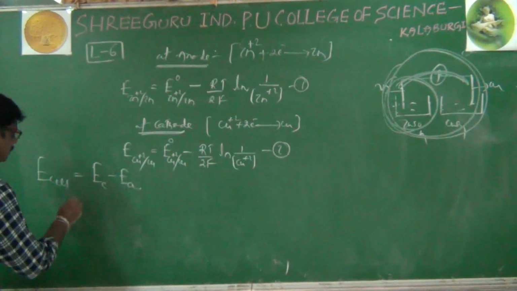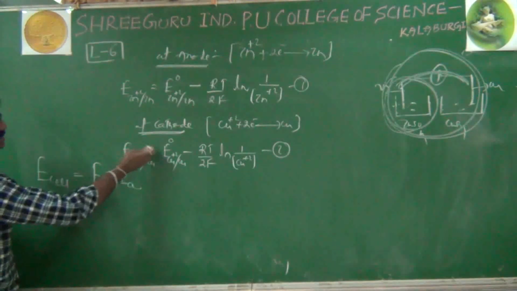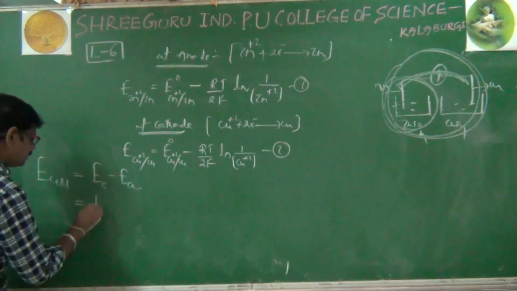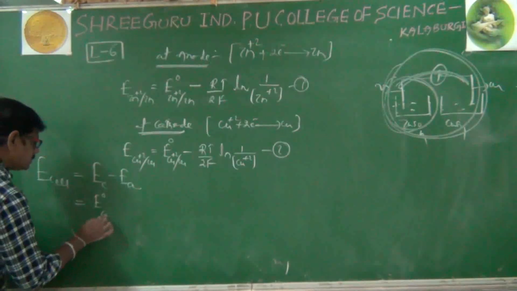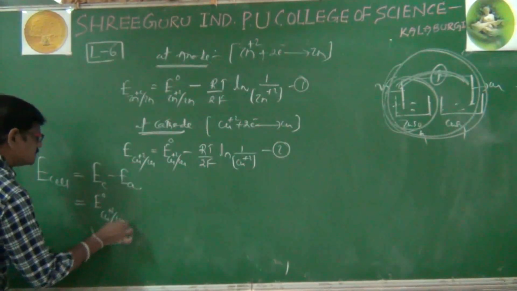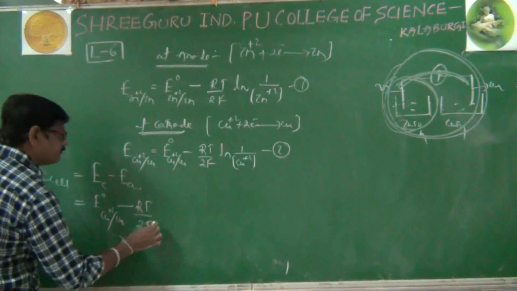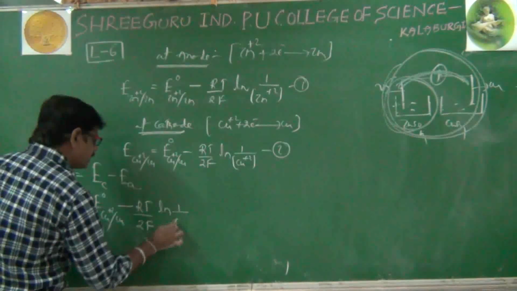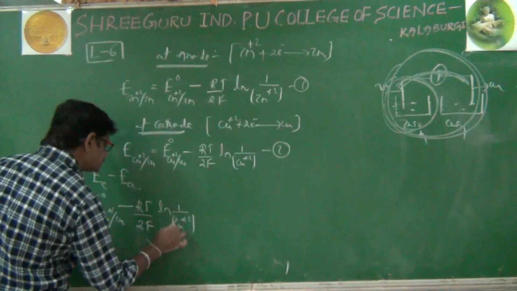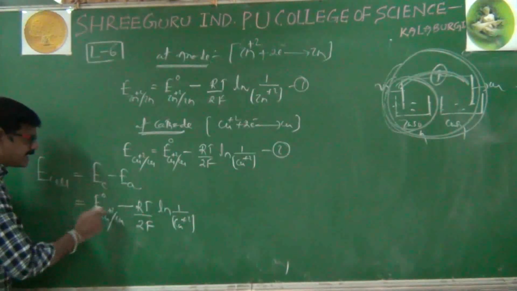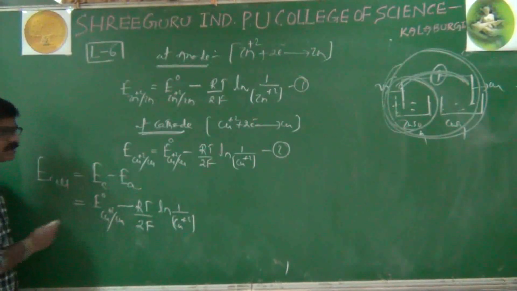Now E cathode is nothing but this one. E⁰ Cu²⁺/Cu minus RT divided by 2F ln 1 by Cu²⁺. Up to here, the E cathode formula we have written.